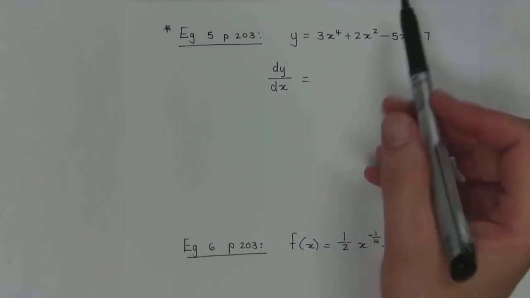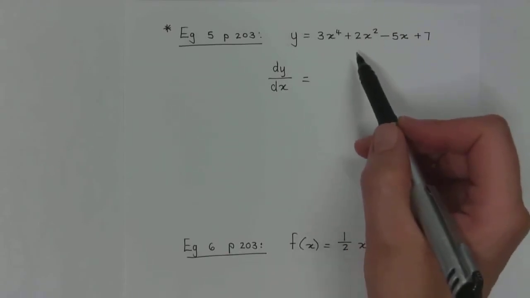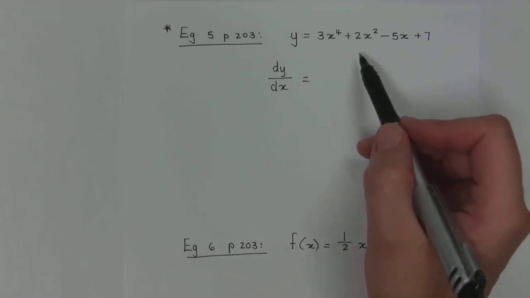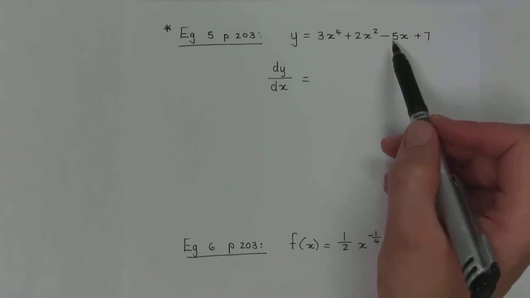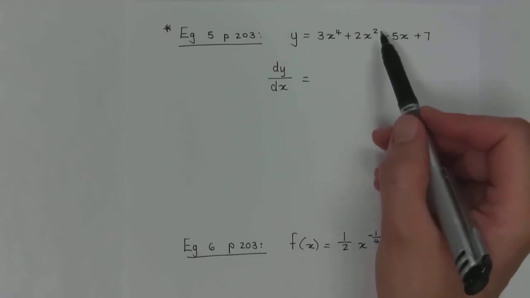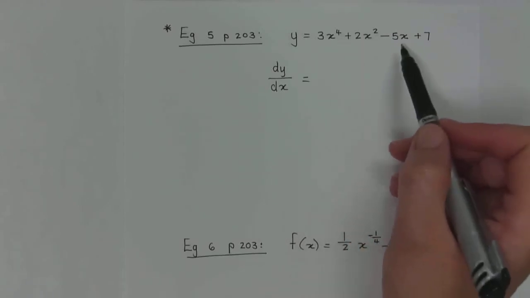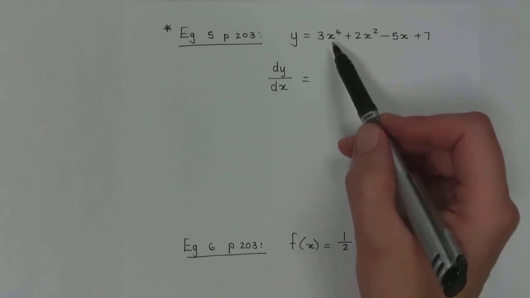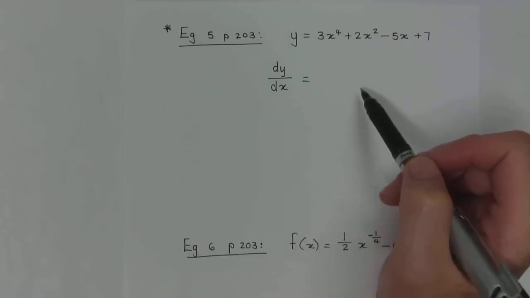Now this is the first one that has multiple terms, and just because it has multiple terms does not mean it's going to be more difficult. It's actually very simple. There is an additional rule that says as long as I'm adding these terms or subtracting them in this case, so as long as they are separate terms, in this case 1, 2, 3, 4 terms, I can find the derivative of each term separately using those differentiation rules.